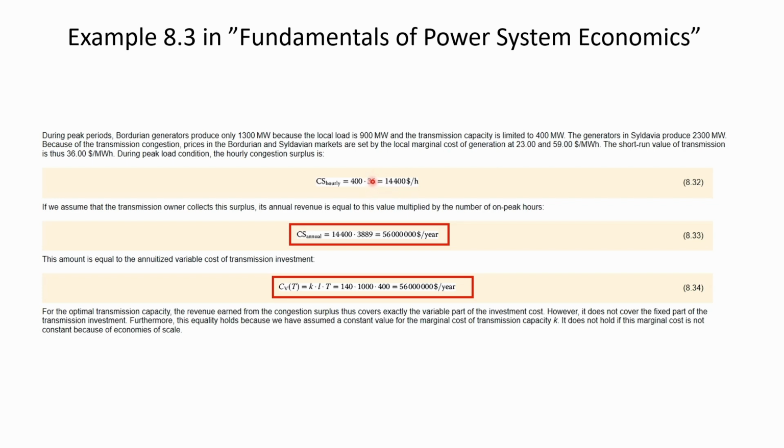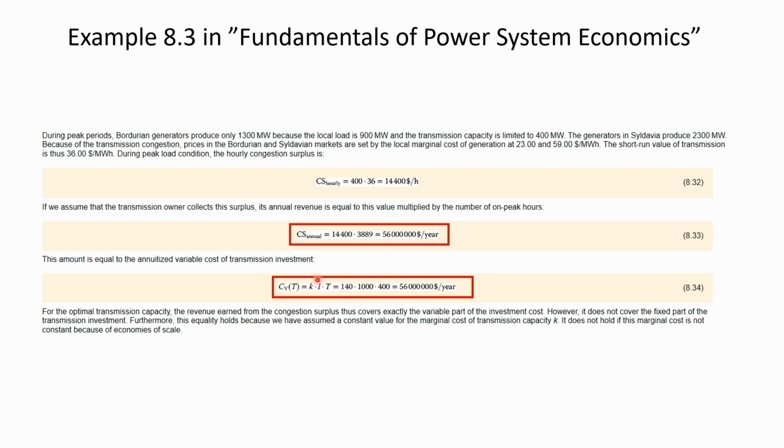We multiply that with the interconnector capacity, and we find the bottleneck income. And when we multiply this bottleneck income with the number of hours in peak load, we get the yearly income from bottlenecks. This is 56 million euros per year.